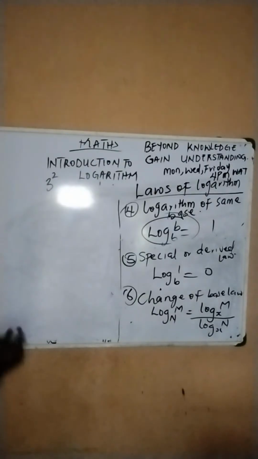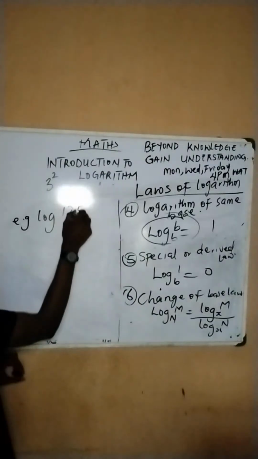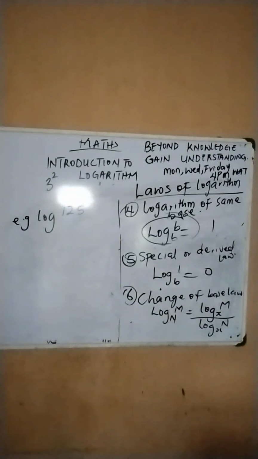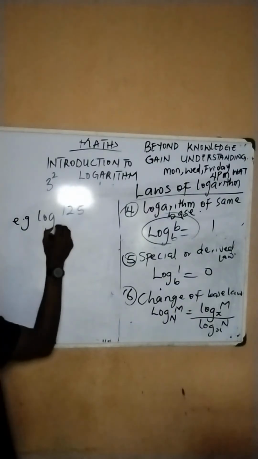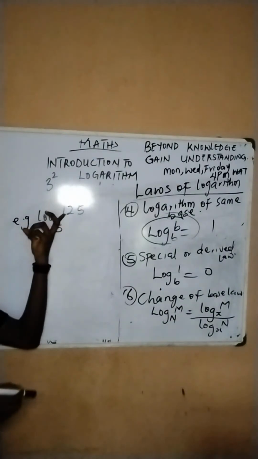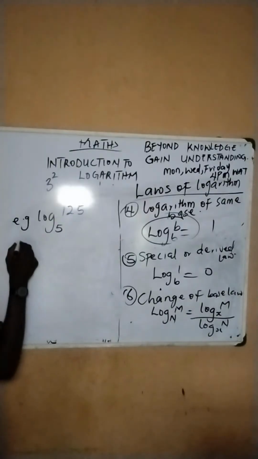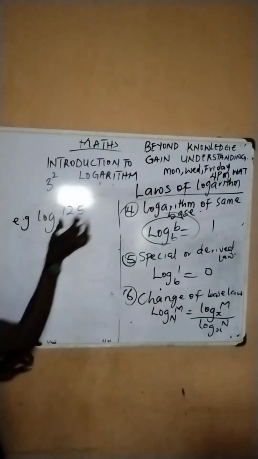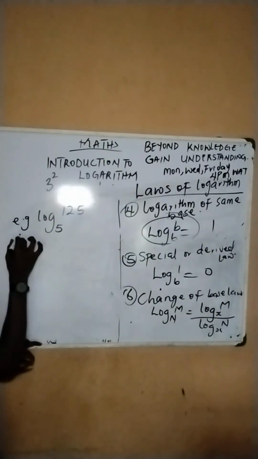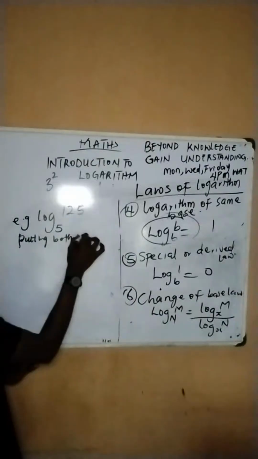So as an example, if I have log 125 base 5, log 125 base 5. Although I can actually simplify this, I can decide to do something quite interesting. Let me start by putting both in what?